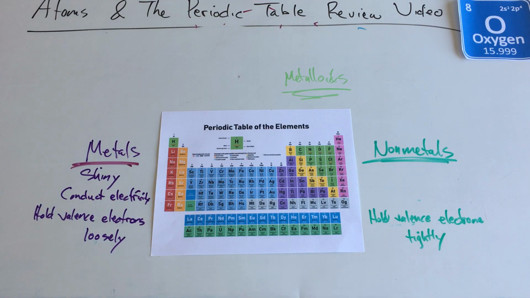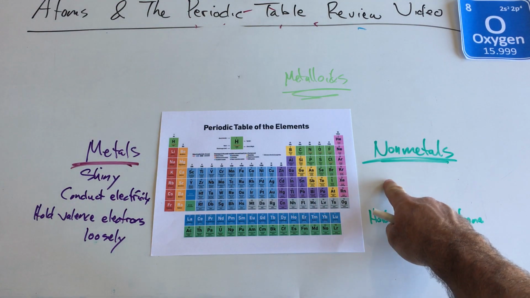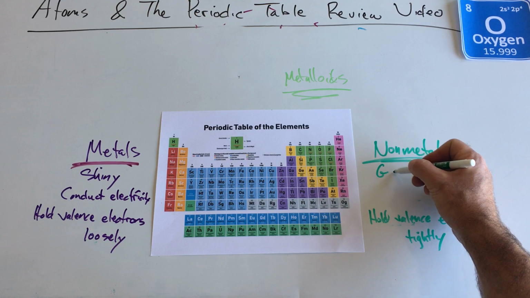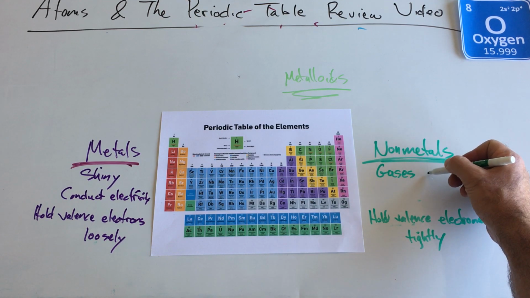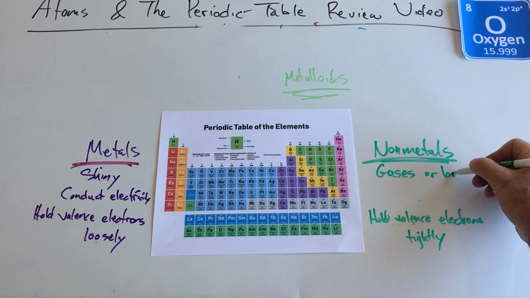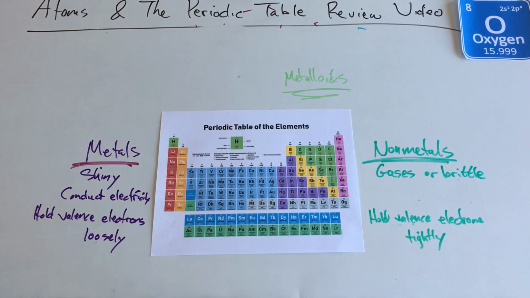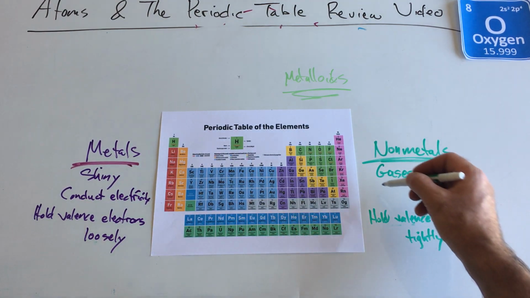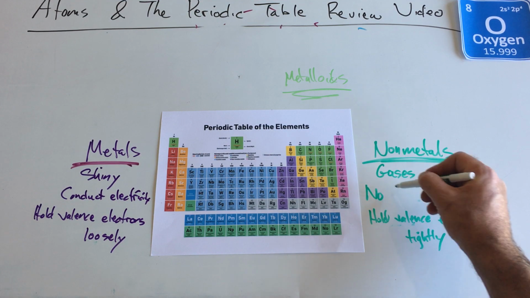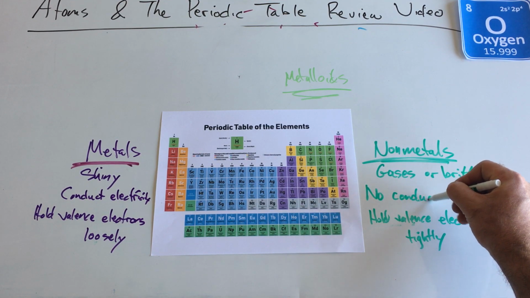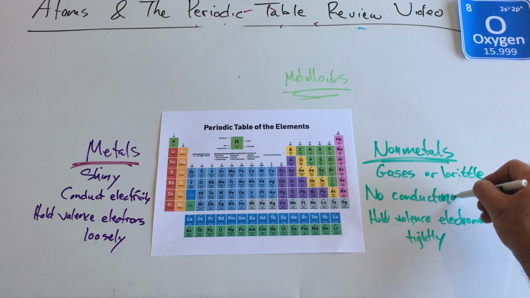And let's finish up non-metals. First thing is, are they shiny? No, they're primarily gases. Or they're brittle, as in, they break, they don't bend. Do they conduct electricity? Nope. No conducting.